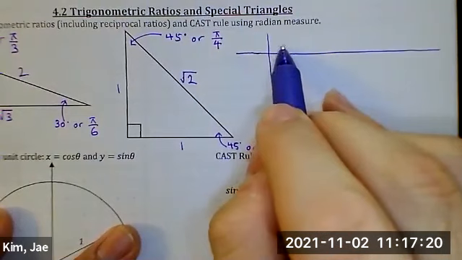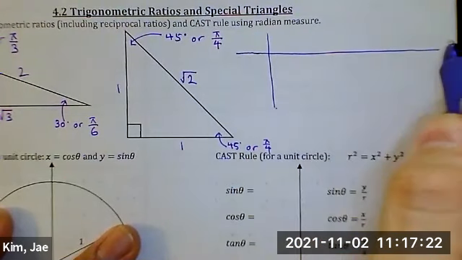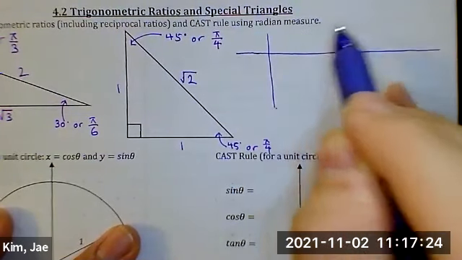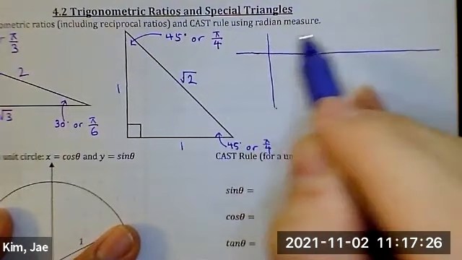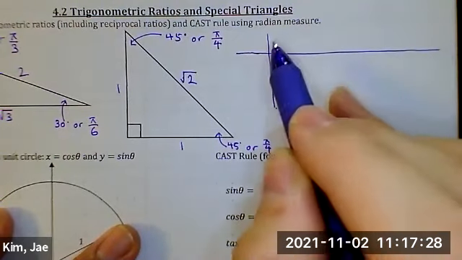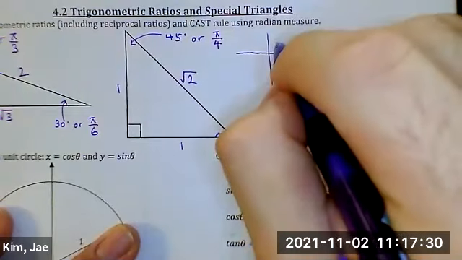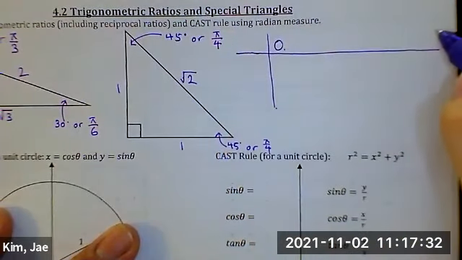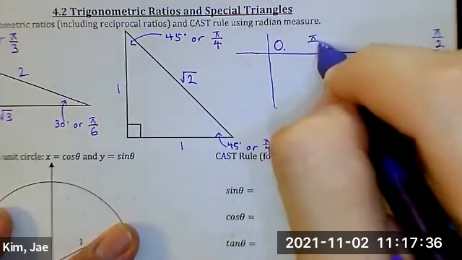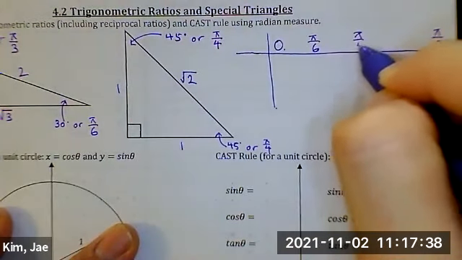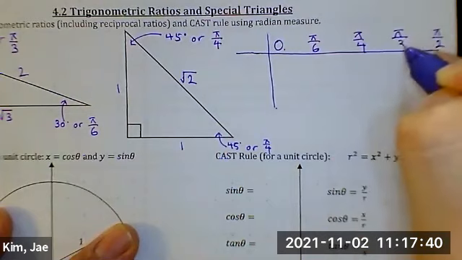I'd like you to write 0, 90 degrees, and then 30, 45, 60. So from smallest angle to largest angle. I am going to write it in radians. This is pi over 2. This is pi over 6, pi over 4, pi over 3.